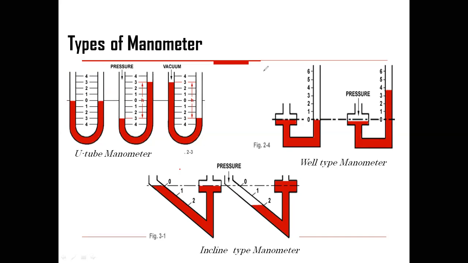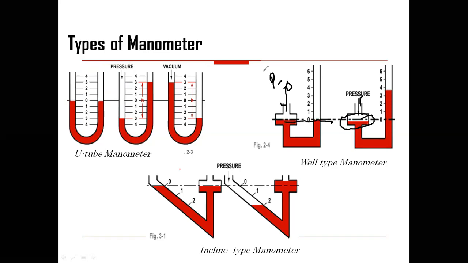In the well type, only a very slight change in the liquid column takes place. At the initial condition, the force is 0, P is equal to 0, and you have the same level.